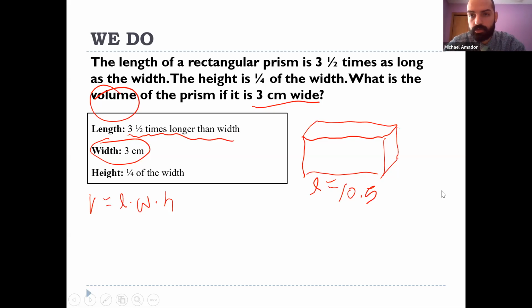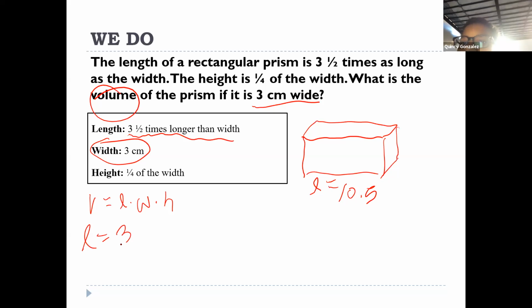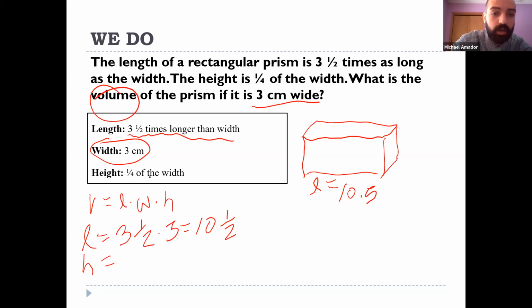Let's go to Quincy. Quincy, are you with us? What is the height now of our rectangular prism? The height looks like it is 1/4. Height is equal to 1/4 of what though? Of the width.